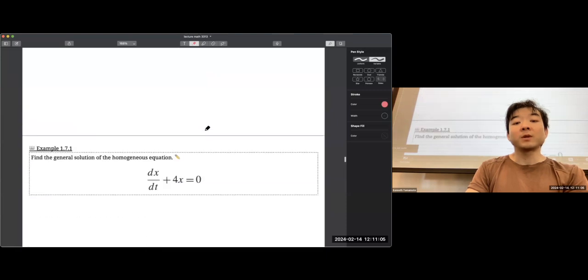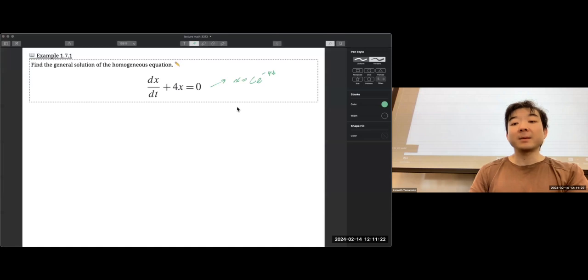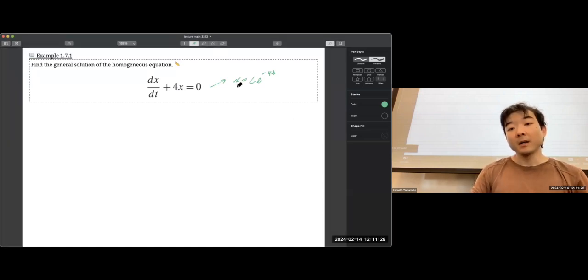Another approach, so like for example, this one, we already know the solution to this would have been c e to the negative 4t, right? Because you just read off the plus 4x and it would have been negative 4t. And we did that by separation of variables, but I'll just say homogeneous because it's got a 0 here.